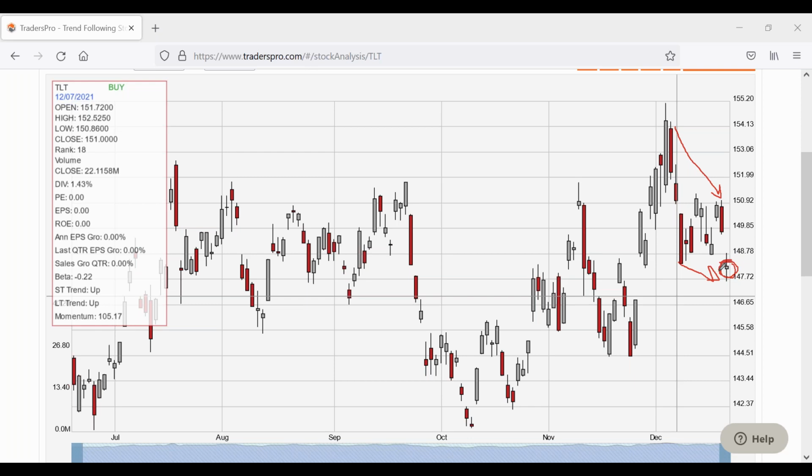No, actually, it's an indecision candle. It's a spinning top. But although it's down from yesterday's close, it is trading higher than where it opened. That won't mean anything until you see what it does tomorrow. But overall, the behavior here is it's acting like a trend reversal, acting like it's more likely to move down.